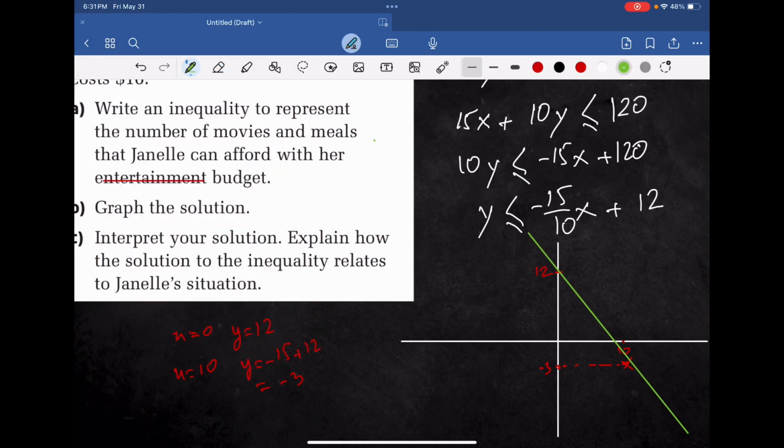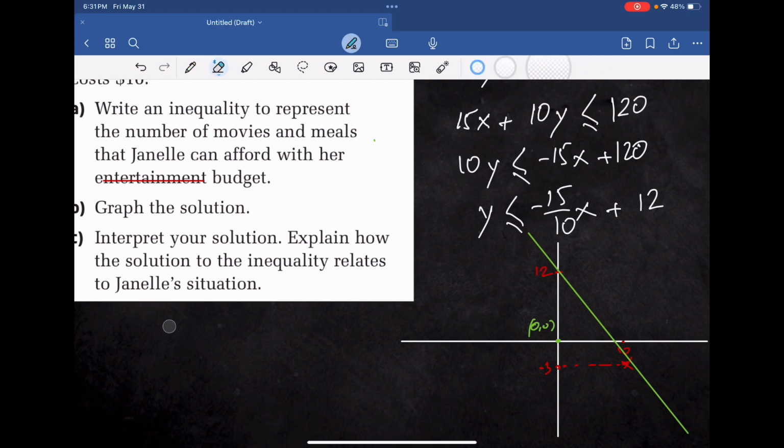And now I need to find which area. Is it this area or this area? To find that, I need to try with some points. The point I always use is 0, 0.